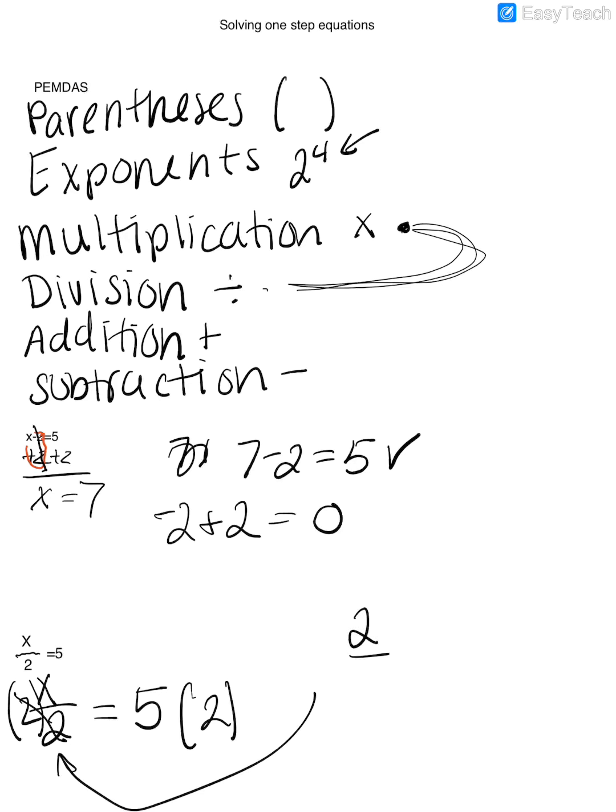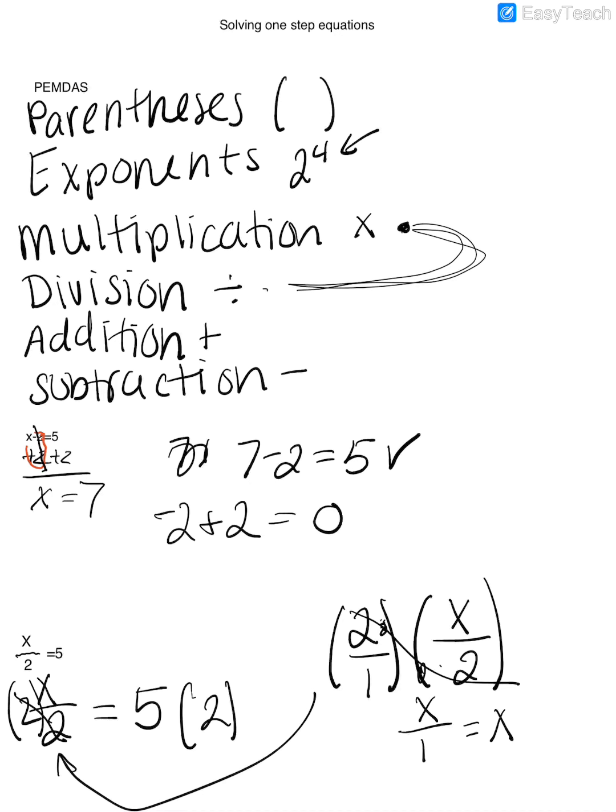So 2 over 1 is the same thing as just 2 times x over 2. You probably learned this before, but since these are the same, we've got a numerator getting multiplied by something, and it's the same in the denominator, they cancel. And we are left with x over 1, which is the same thing as just x.